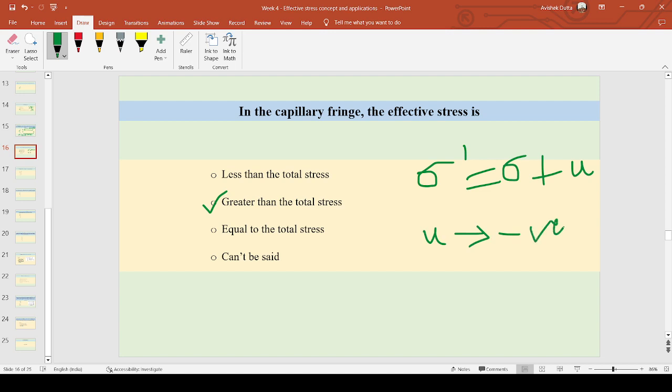The general formula is sigma equals sigma dash plus U. Since U is negative, sigma dash becomes sigma plus U. This is the equation in the capillary fringe.